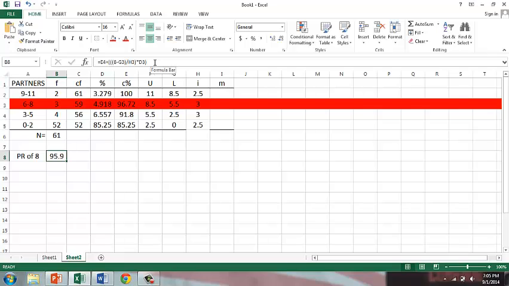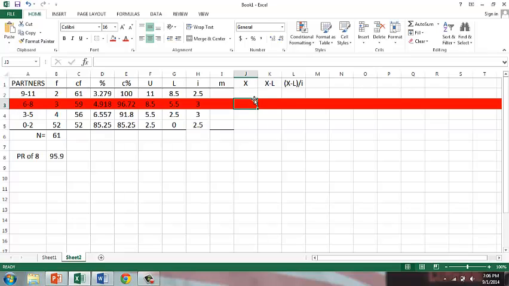So, for example, you could add an x column and an x minus L column and an x minus L divided by I column, and so on.